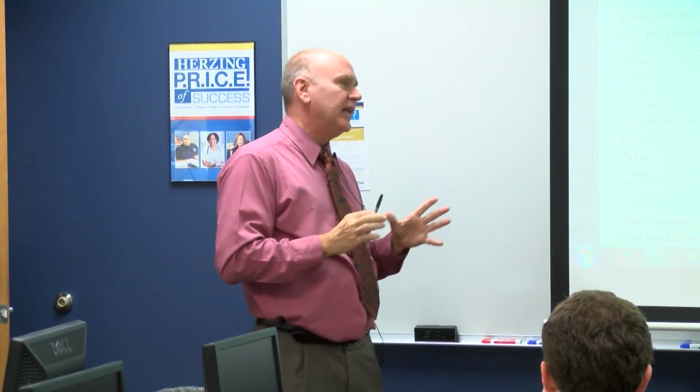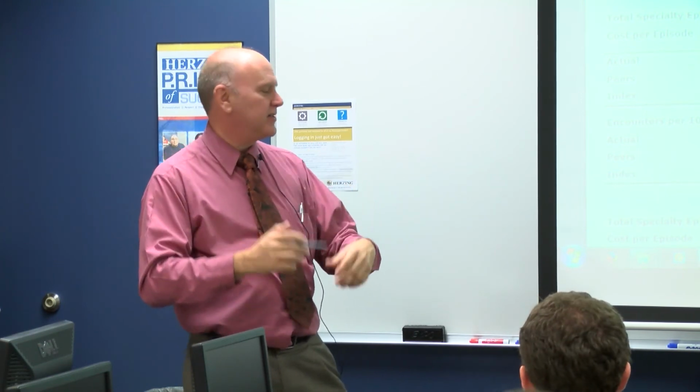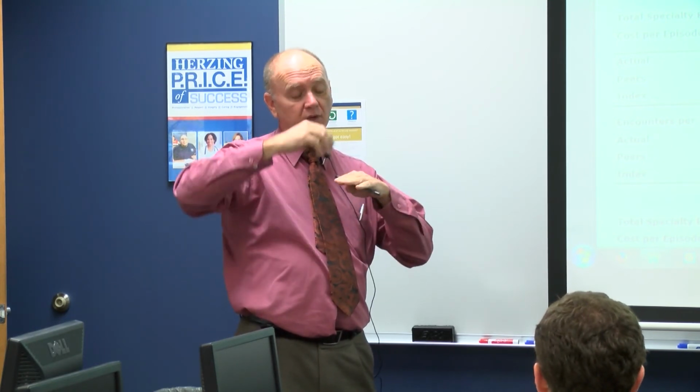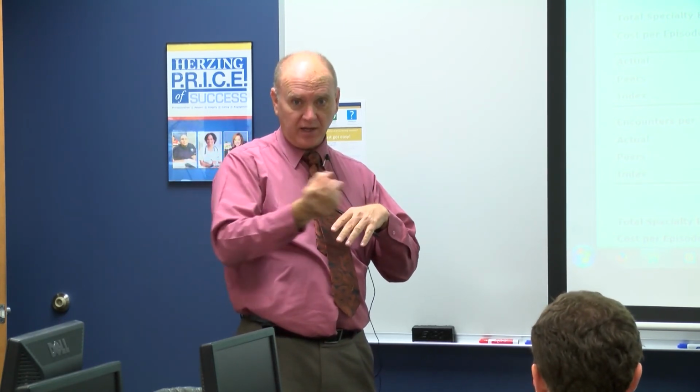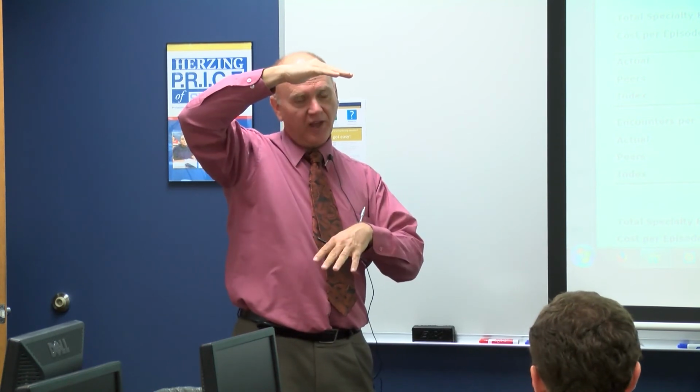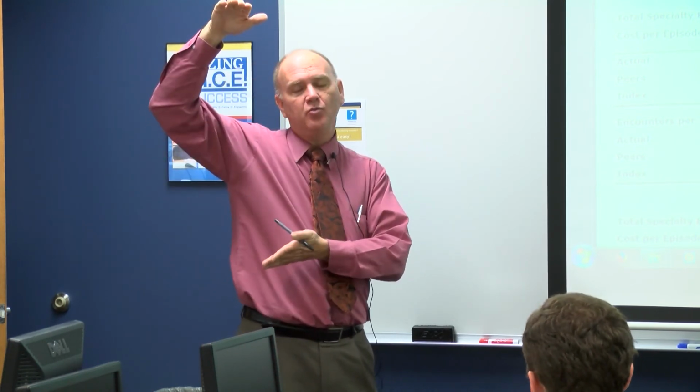But the thing with the avoidable ones, each state seems to have their own idea of what's avoidable, and I might go so far as to say that in the Medicaid population, it's sometimes different than the commercial population. So you make that decision, and generally what we end up doing is creating a SQL statement that goes against the data mart, pulls that out and gets the list. And you maintain a table of what you consider in this state to be avoidable.